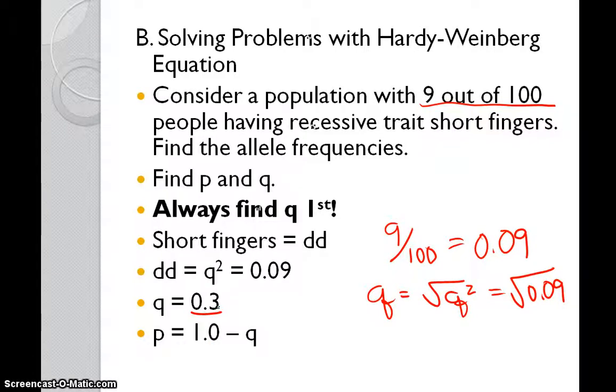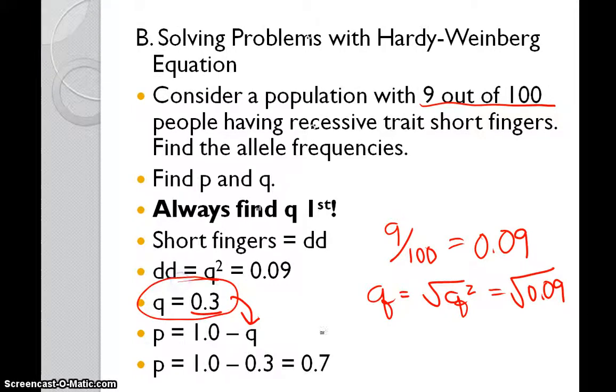We're going to use this equation: p equals 1.0 minus q. So we're going to plug in q, and we will get a p value of 0.7. So we now have a q value and a p value. This answers what are the allele frequencies.